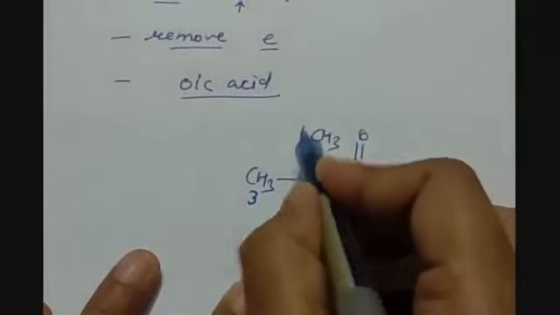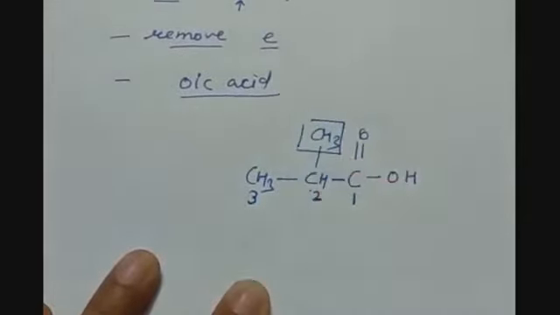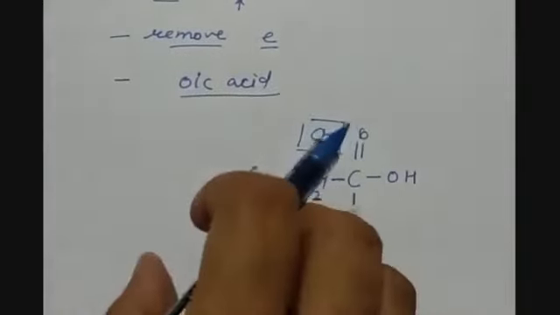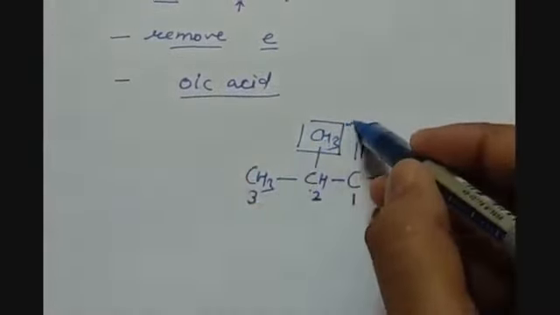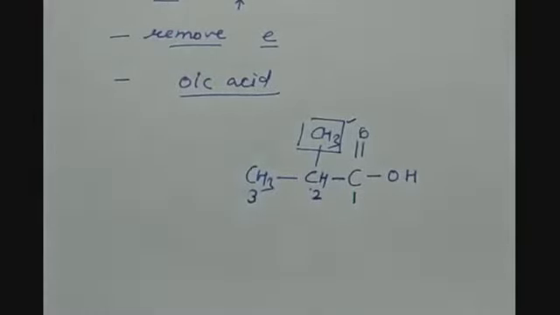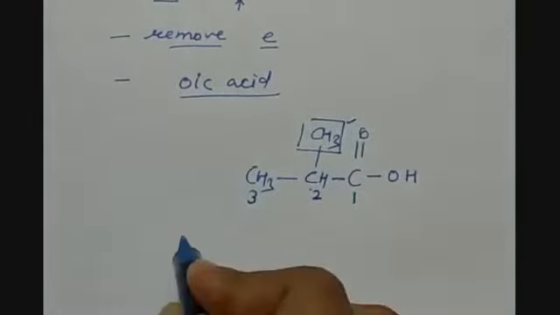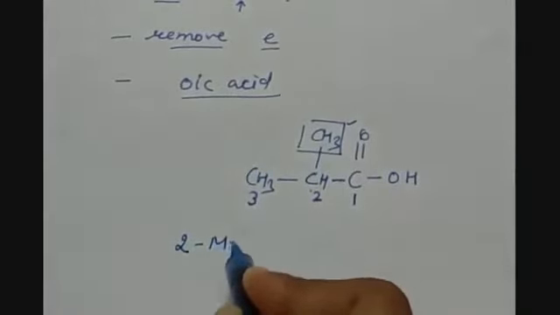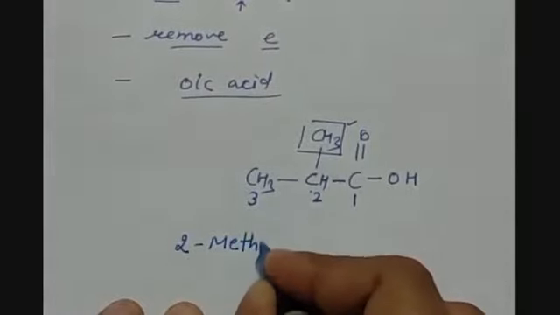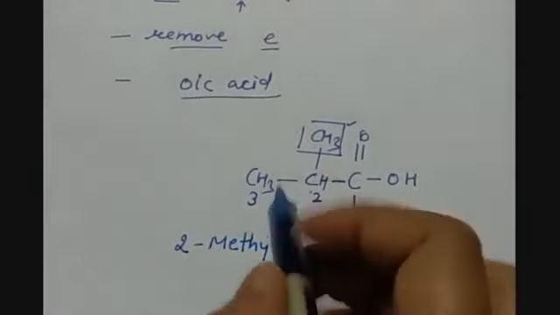So this is our substituent group. While naming, first we have to put the prefix. Sorry, this is our prefix, the substituent group. So first we have to mention the name of the prefix along with its position. So we have 2-methyl. Write the name methyl with a capital letter, 2-methyl, and this is a 3 carbon chain.